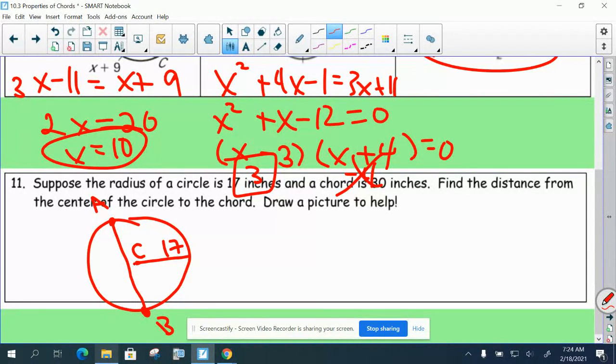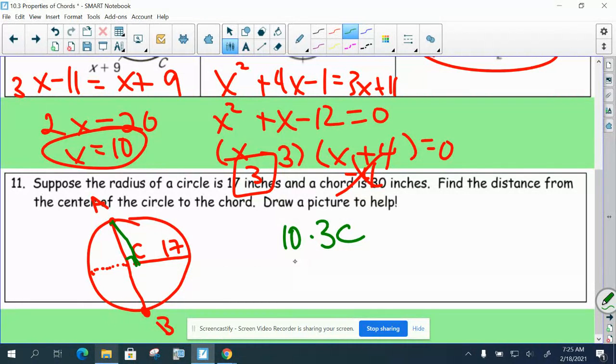So if I were to extend the radius and draw the diameter, I'm asking to find this little segment right here. So how do we find that? Well, let's draw in the radius over here from A to C. And then by theorem 10.3c, we know that if this is a diameter, and the way I'm drawing this is the shortest distance, then it must be perpendicular to the chord.